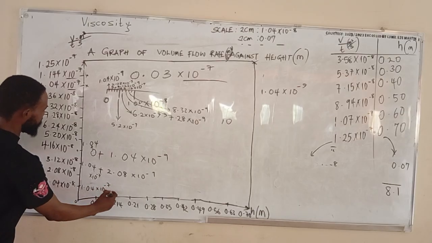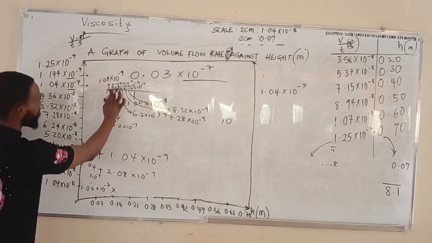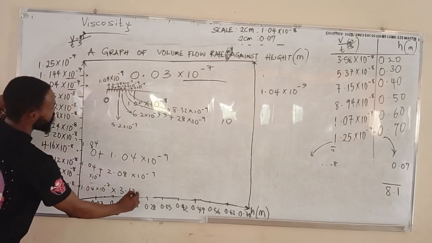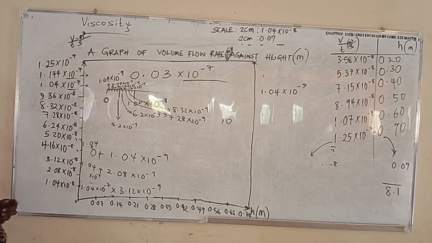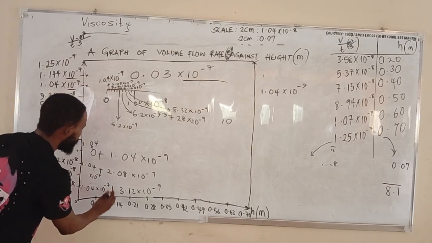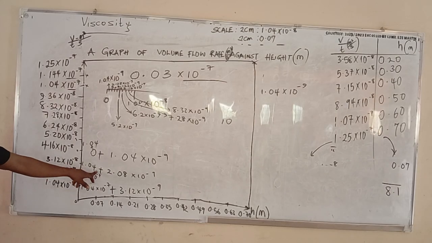I'm teaching you how to get it. Then the third point, 3.12 times 10 raised to power minus 9. But please, add for me: 1.04 times 10 raised to power minus 7 plus 2.08 times 10 raised to power minus 9.